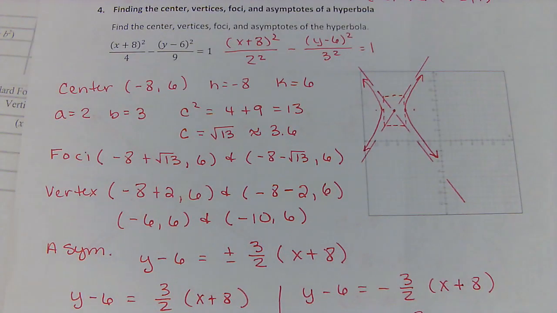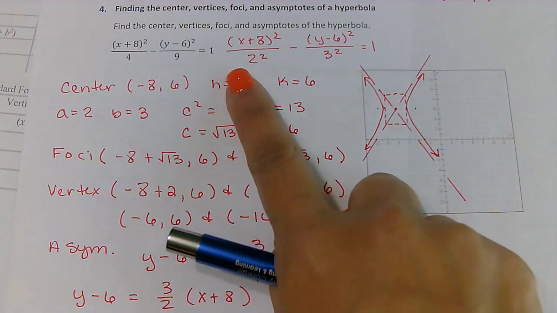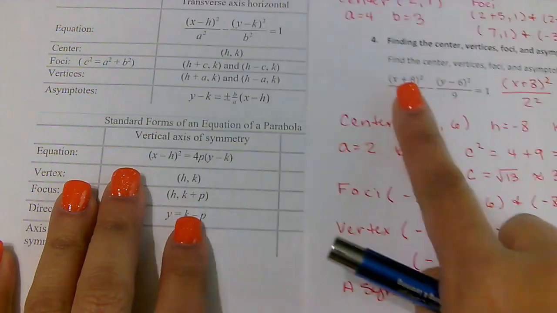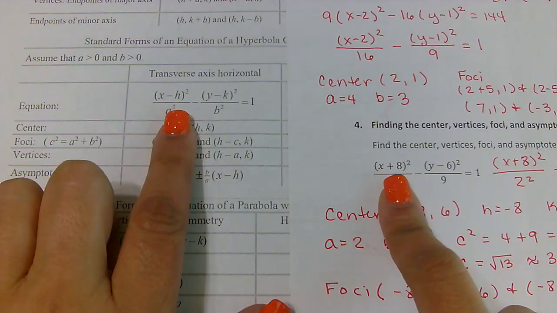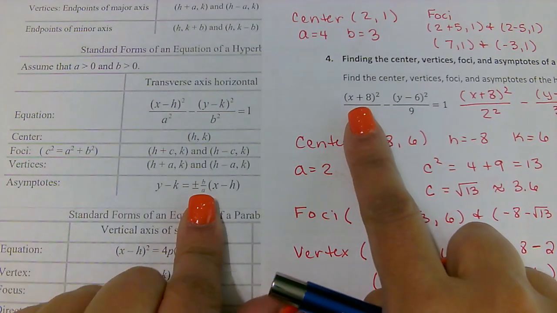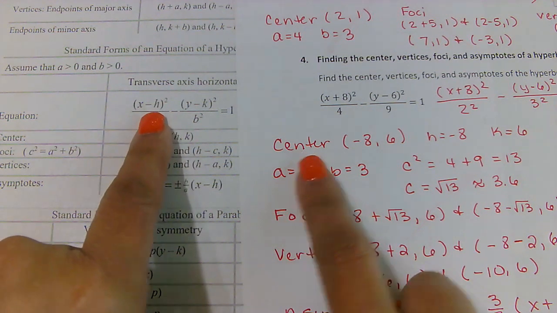Number 4 says to find the center, vertices, foci, and asymptotes of a hyperbola. Notice that this is in standard form, so we want to make sure we know which set of equations to use. Since x is our first term, we're going to be using the transverse axis that is horizontal, these set of equations. First thing we're going to do is find the center.